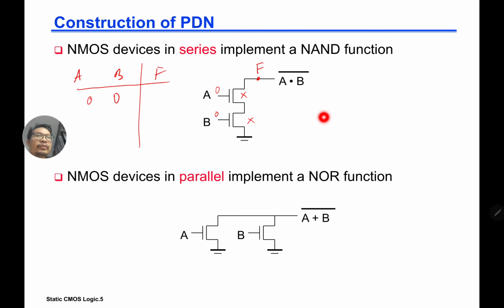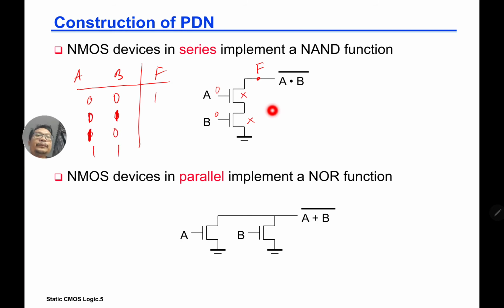This is off, so F is equal to 1, basically. It's not pulling down.